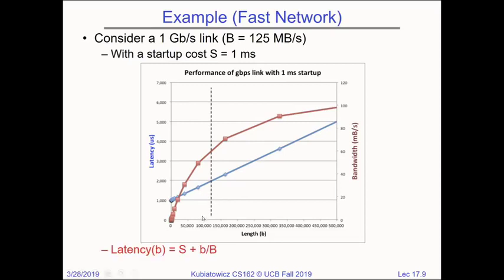This red one is a little more interesting. Okay, so by the way, latency, that's this blue one, I should have made it blue text, is S plus B over the bandwidth. The bandwidth is a little more interesting because there's the raw bandwidth of this network, which is a gigabit, but that's not the bandwidth you get, right? When you figure overhead into the picture, you get something much more complicated.